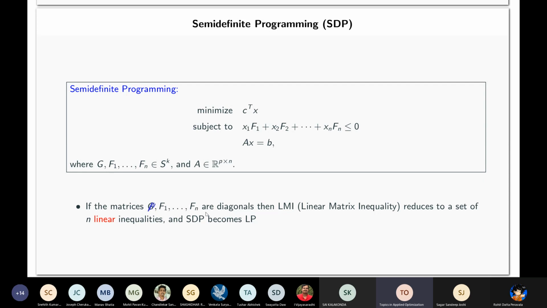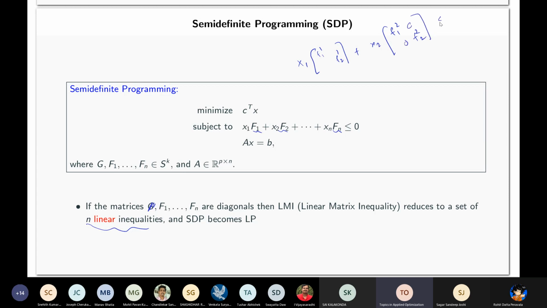If the matrices F1 to Fn are diagonal, so if it so happens that these matrices are diagonal, then you will see that this boils down to just a set of n linear inequalities, right? Because this will be x1 and then something diagonal. So let us say F1, F2. This is the first, and then x2, and then F1. This is for the second F, and then the second component.